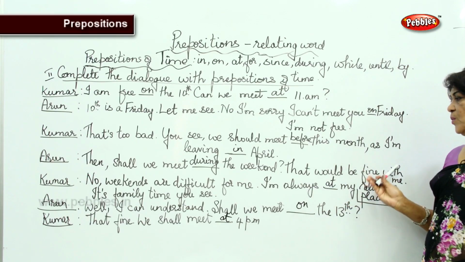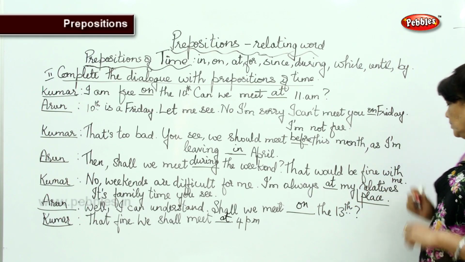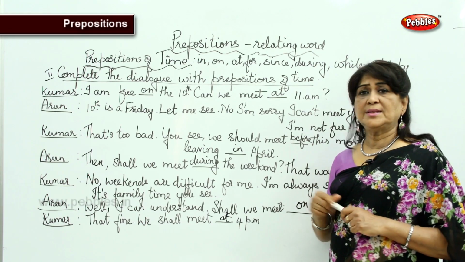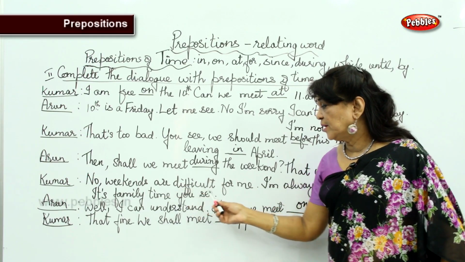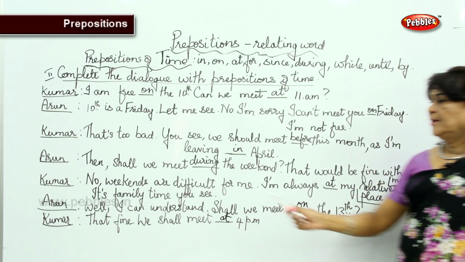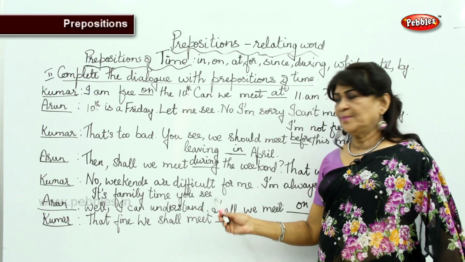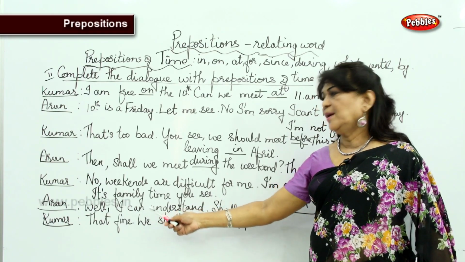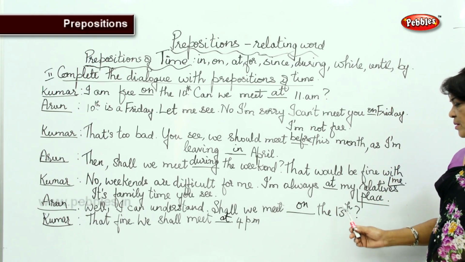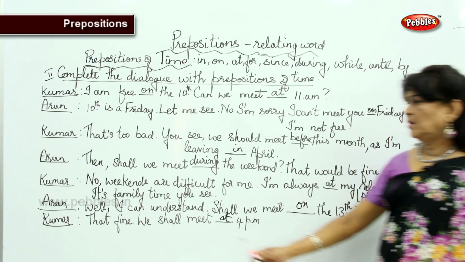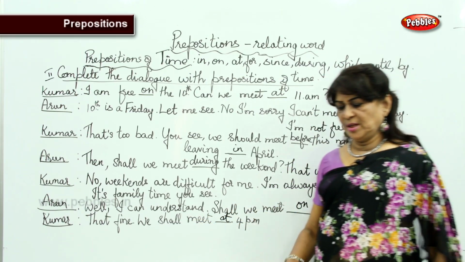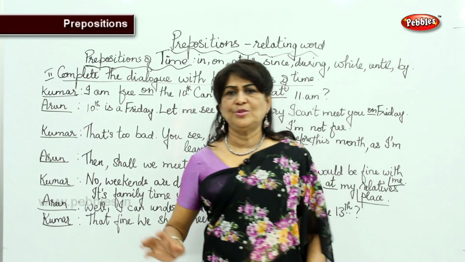That would be fine with me. Kumar: No, weekends are difficult for me. I'm always at my relative's place. It's family time, you see. Arun: Well, I can understand. Shall we meet on the 13th? Kumar: That's fine. We shall meet at 4 p.m. So they come to a decision when to meet.